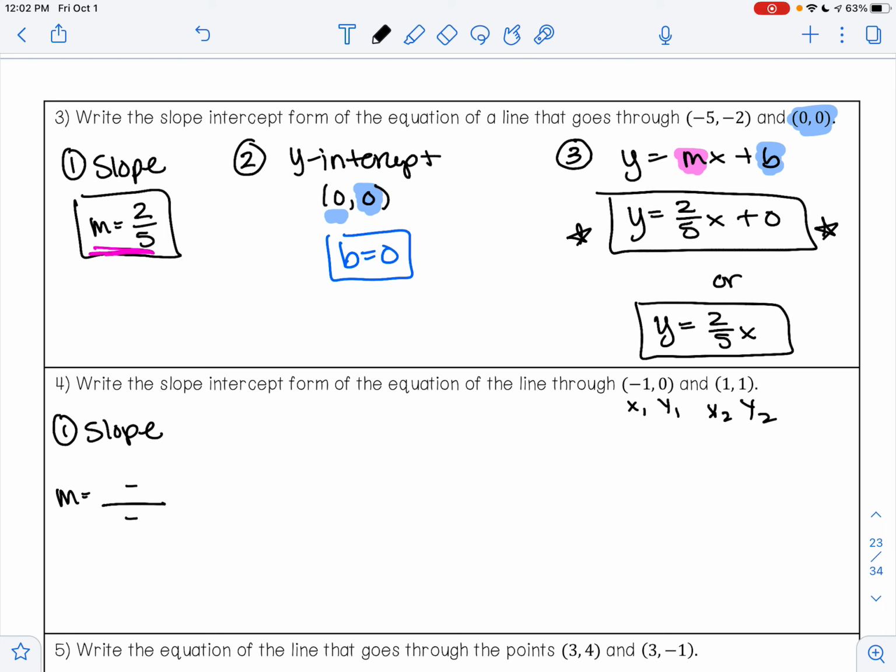So I'm going to plug into my equation. And so I will have y2 minus y1 over x2 minus x1. 1 minus 0 is 1. A negative times a negative is a positive. 1 plus 1 is 2. So my slope is 1/2.